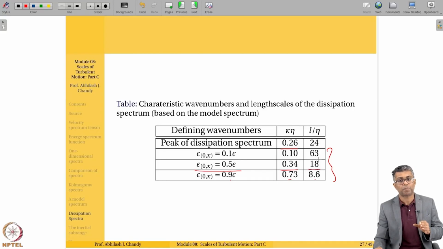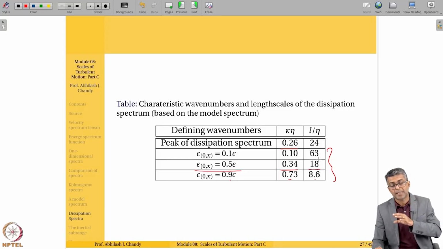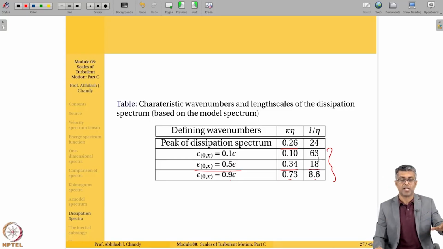The peak of the dissipation occurs at L over eta equals 24. That means 24 times the Kolmogorov scale. 80% of the dissipation occurs between 8 eta and 60 eta.